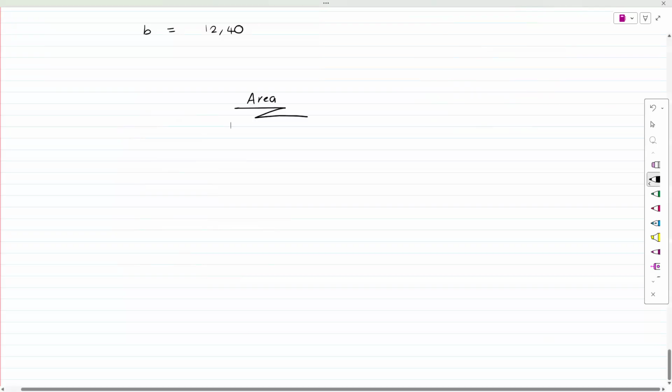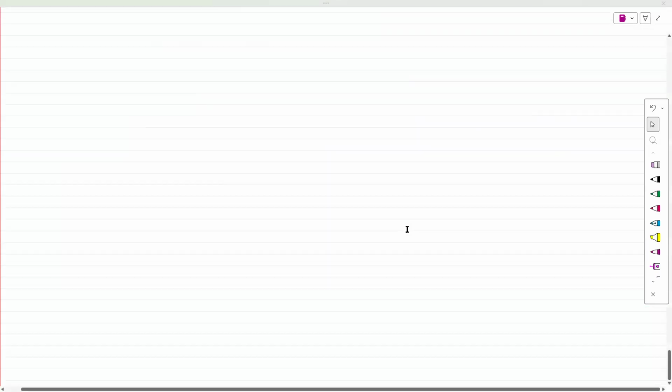I think the next rule that we do is area, but area is generally very easy. But yeah, let's see if we can get it right. Okay, guys, the last one is the area rule.